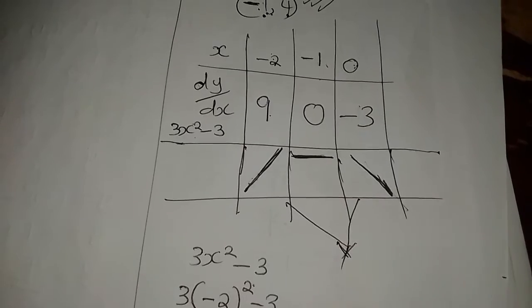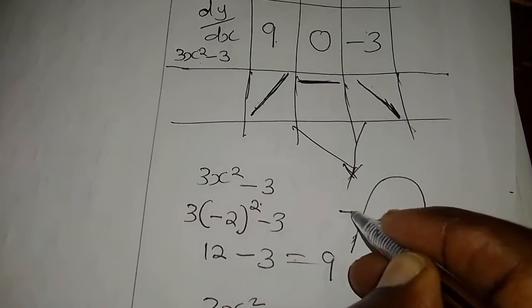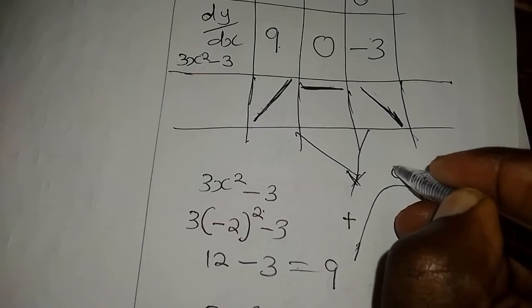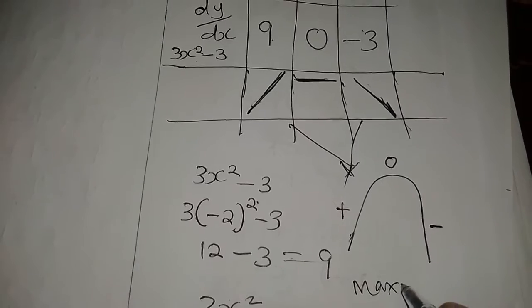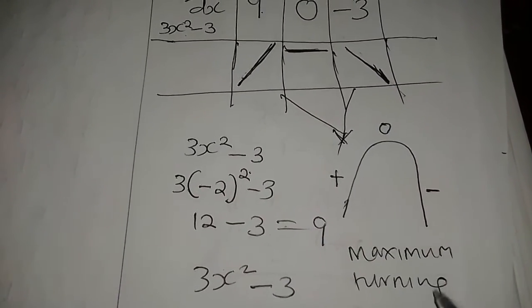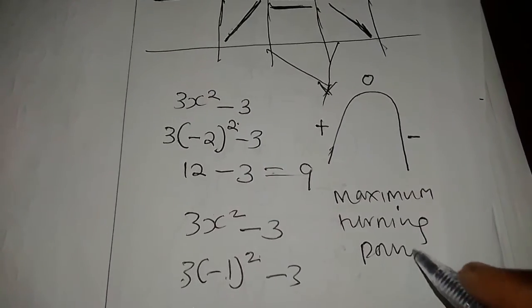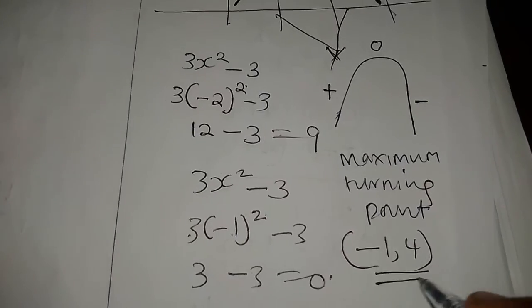So I'm supposed to have something of this sort at the end of the day, where we have the positive, the constant 0, then the negative. So this one becomes the maximum turning point. So (-1, 4) is the maximum turning point of the curve.